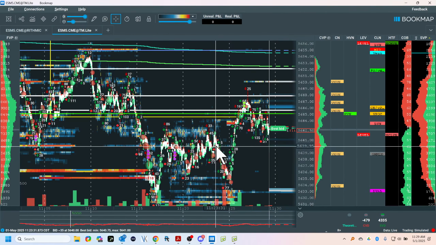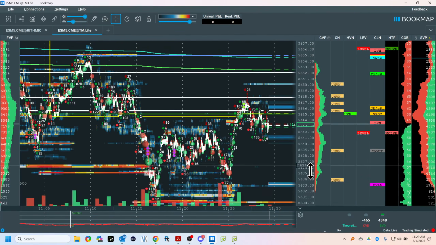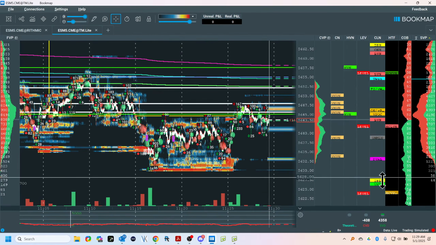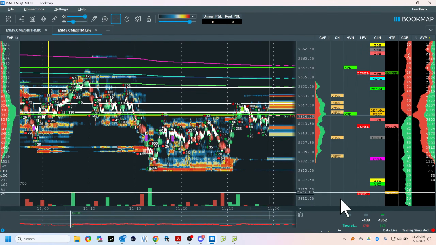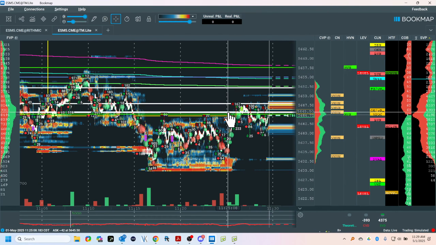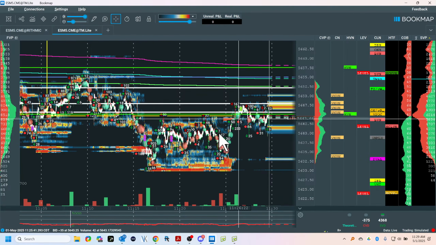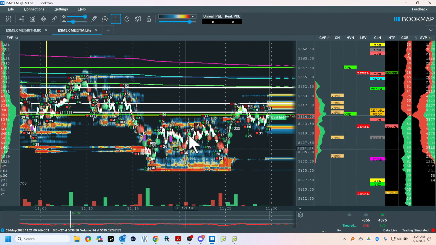If I happen to come down, you see the buyers were there, the buyers are here. So what do I know? I need to get risk neutral, and then I'm looking potentially to come under here or not, you know. And chances are it won't, but if I'm trading a plan, then this would be a potential trade. The problem with the trade, so you know, we're doing something called mean reversion.